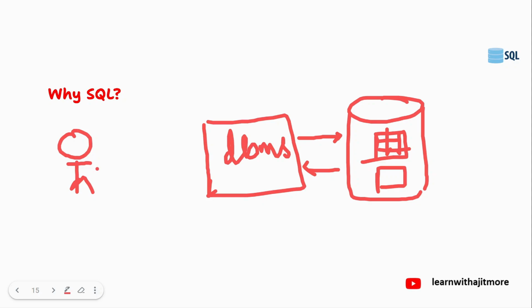Correct? So how are we going to communicate with the DBMS? We need some medium of communication, isn't it? Like I'm talking with you people. Why? Because we have one common medium of communication, that is language. And which natural language? We are using English. Every language has its character set.